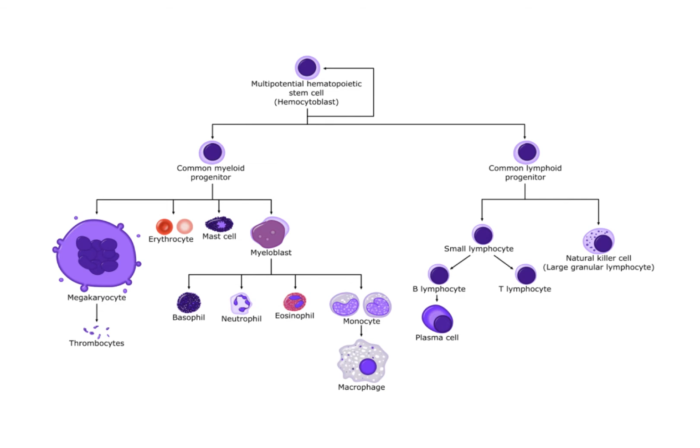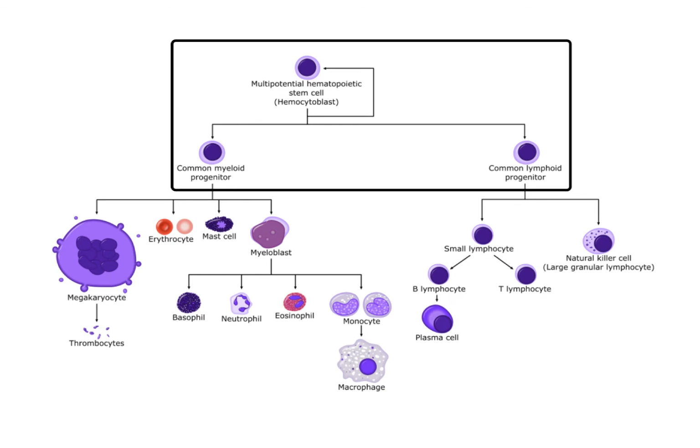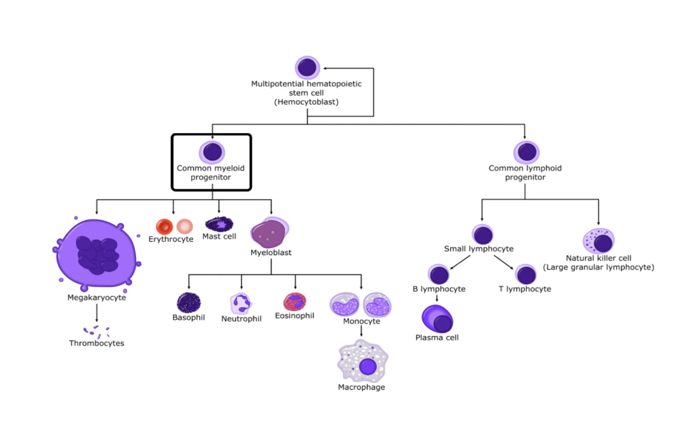So they start from these multipotential hemopoietic stem cells that reside in the bone marrow of certain bones. And then those divide and start to differentiate, depending on where they are and what signals they're getting from the outside, into either a common myeloid progenitor or a common lymphoid progenitor.